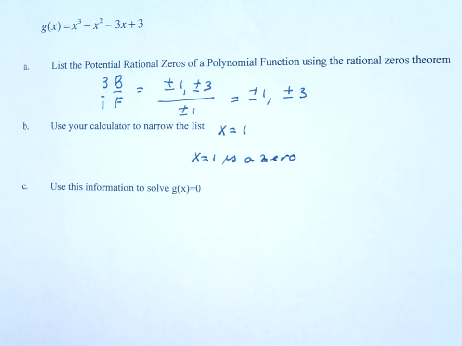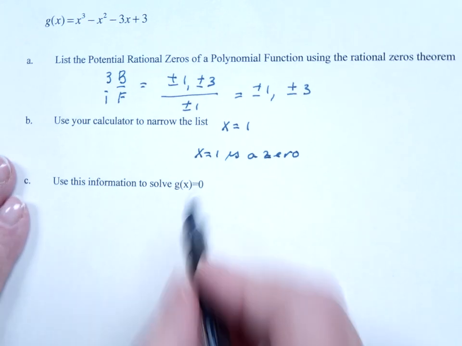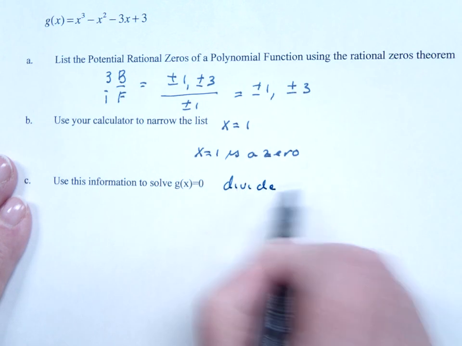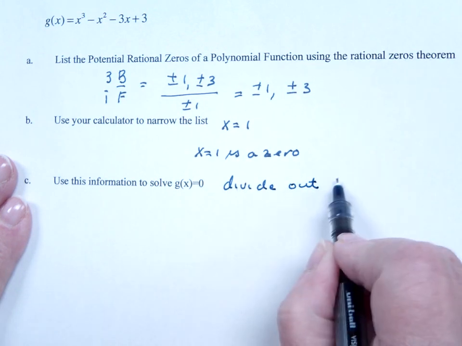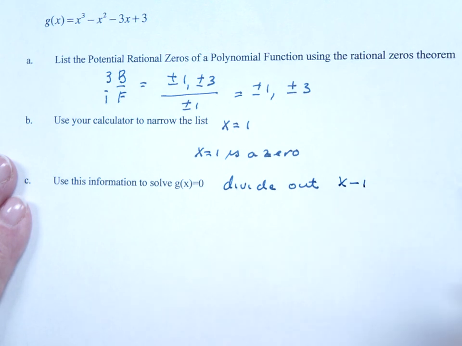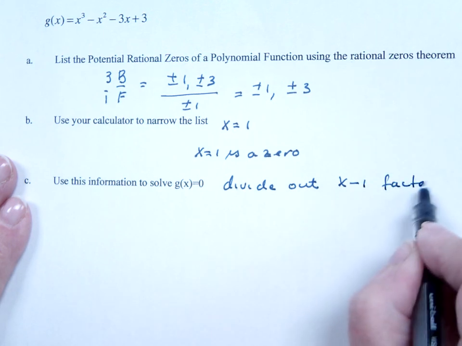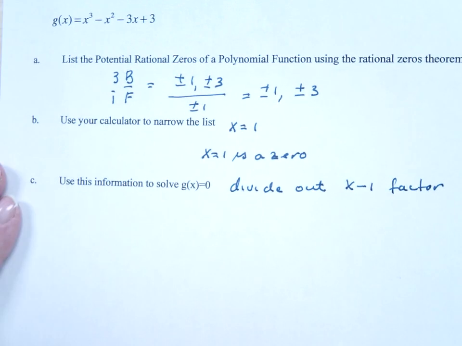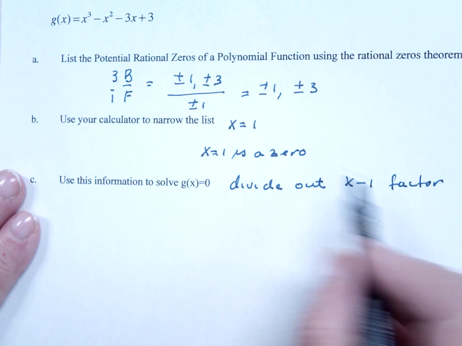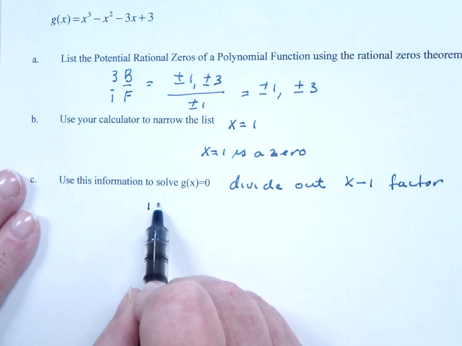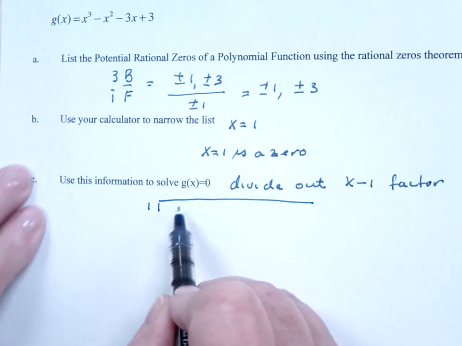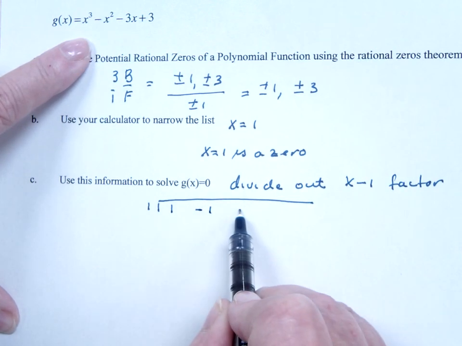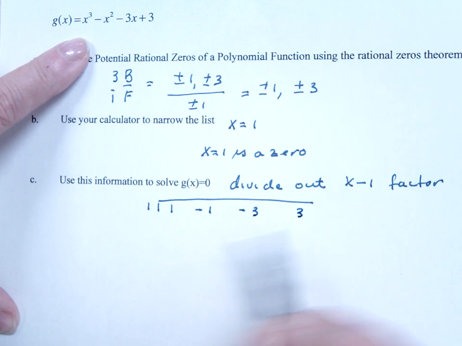Now, remember, we're peeling the onion, so I need to divide out essentially x minus 1, because that's the factor. You could do it long division like I did as a student, or synthetic. Synthetic means I'm dividing out the zero, so it's 1. So it's 1, -1, -3, and 3.